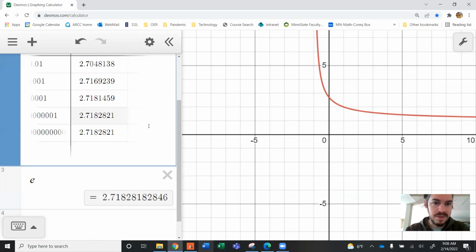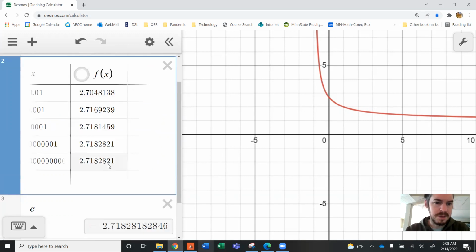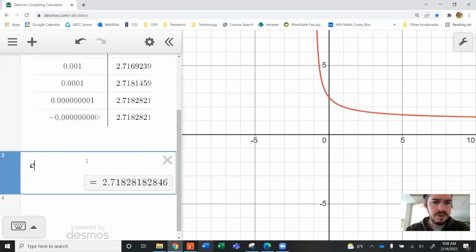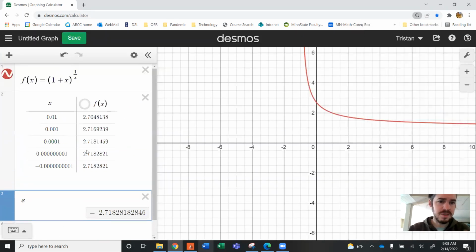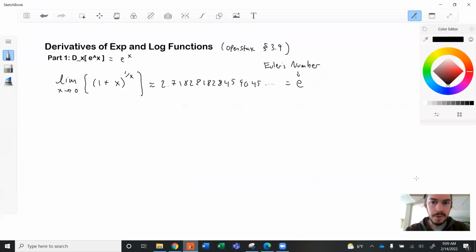Being rounded, that's the number we're approaching. I know that's not proof by any means, but we're going to take this particular limit for granted, and we're going to lean on this fact that this limit equals e for our exploration of the derivative to come.